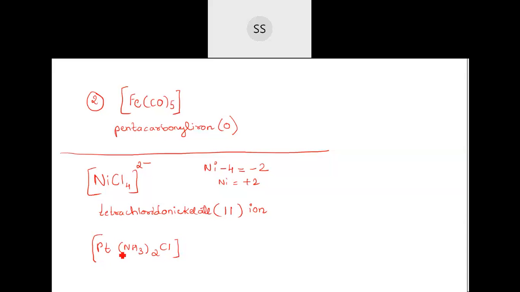Okay, now you all try this. The next one I've given here: platinum, then you have NH3 twice, then Cl group is there, and the whole charge on them is positive.